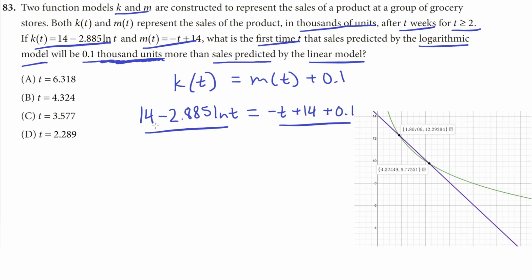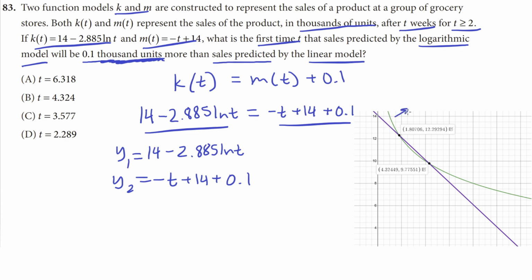So I've graphed the first function, y1 equals 14 minus 2.885 ln t, which is the left side, and y2 equals negative t plus 14 plus 0.1, which is the other side of the equation.